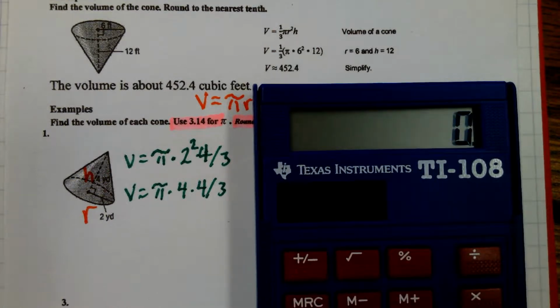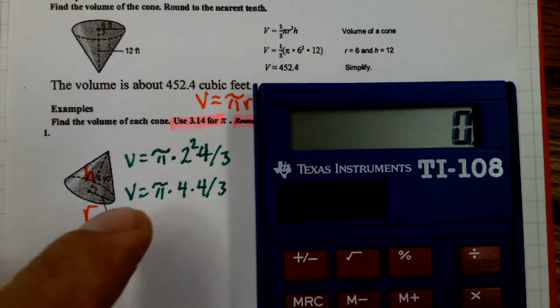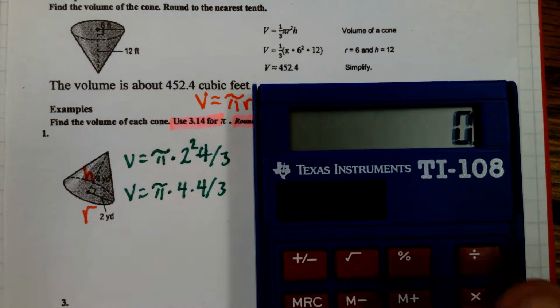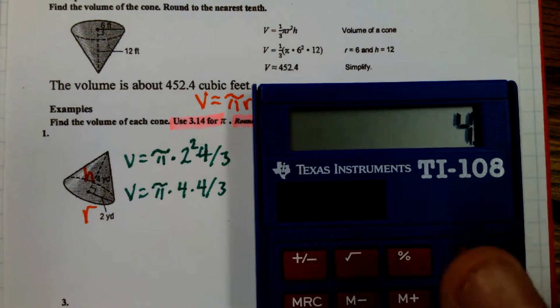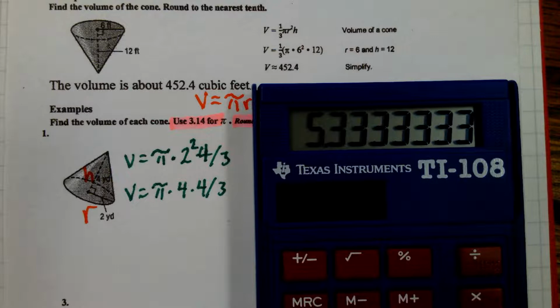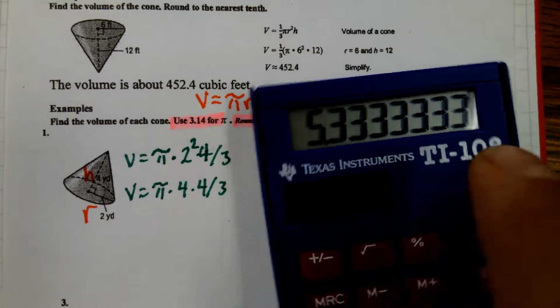We can do all these operations now all at once. 4 times 4 divided by 3. And a lot of times we're going to get repeating decimals because of that dividing by 3. In this case, that's what we get. So we get 5.3 repeating.